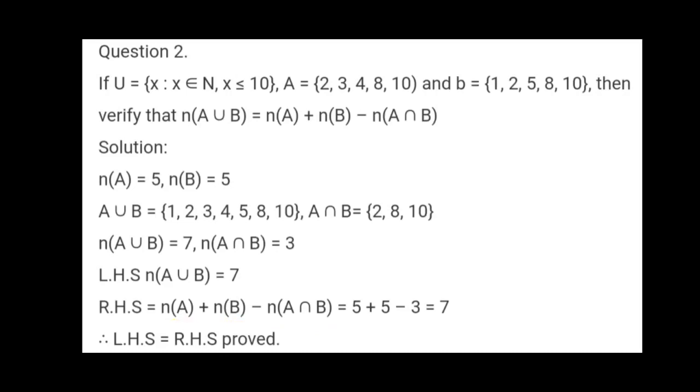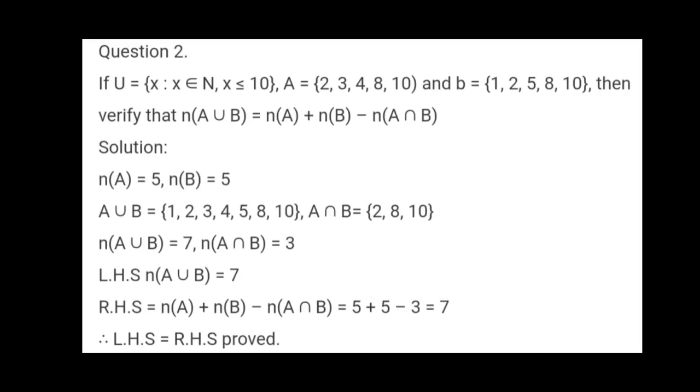The n(A) value 5 and n(B) value 5, n(A intersection B) 3, and 10 minus 3 is 7.